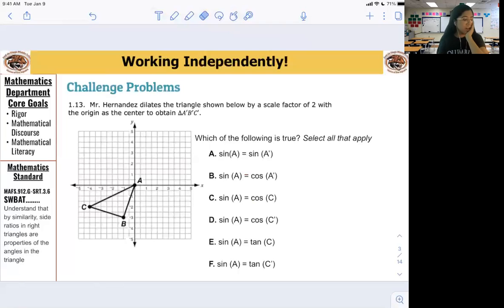And it is select all. I see somebody only put one answer choice. That's wrong.